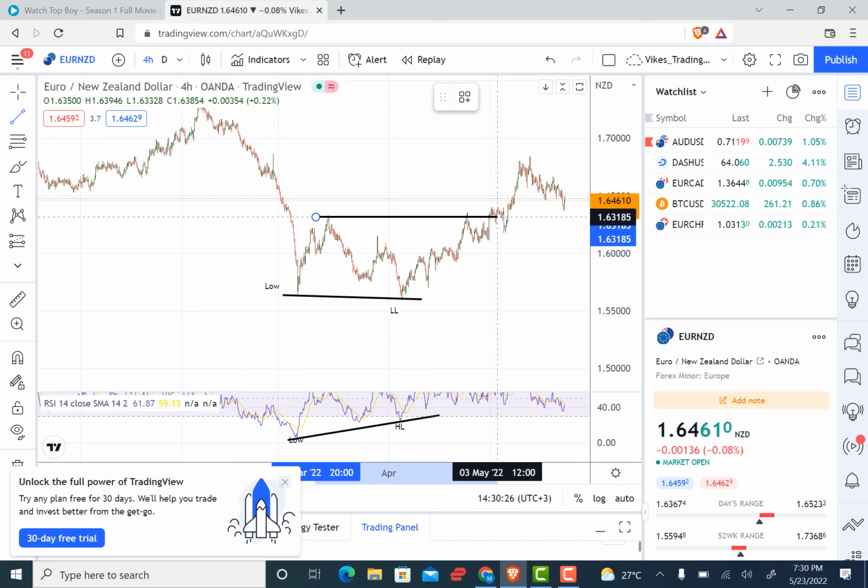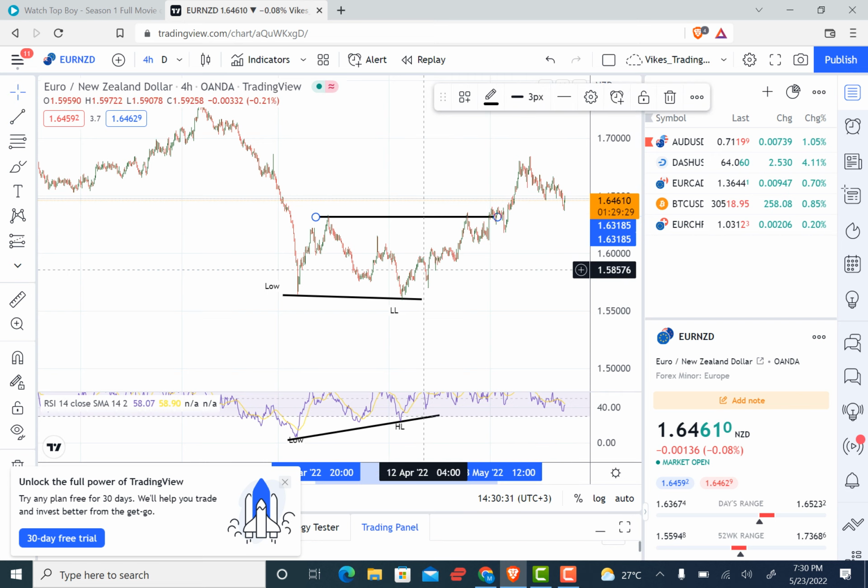Remember, in the video that I did over the weekend, if you get your entry around this place, your target is always on the neckline. Reason being, prices might just come, hunt stop losses here, and come back down.